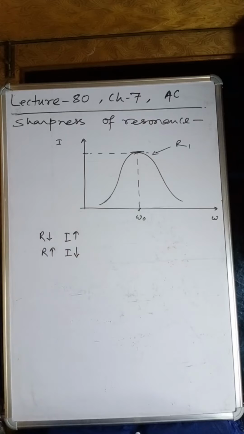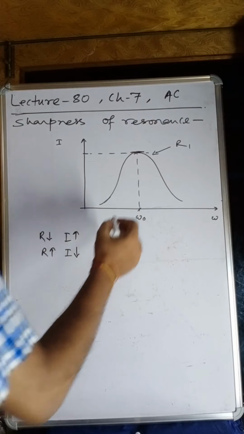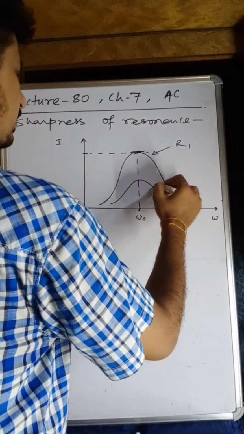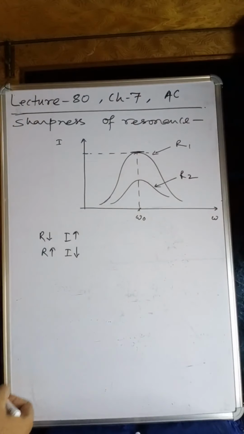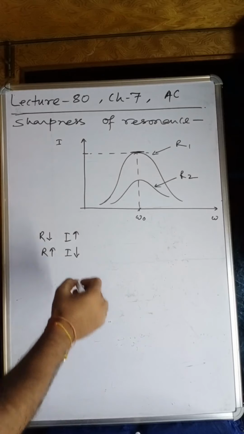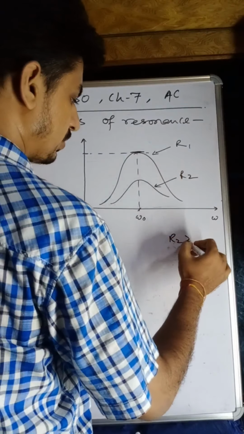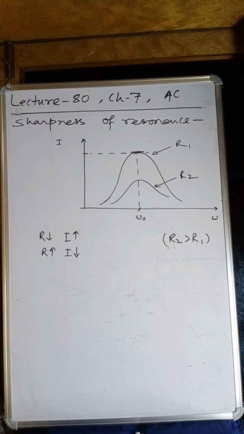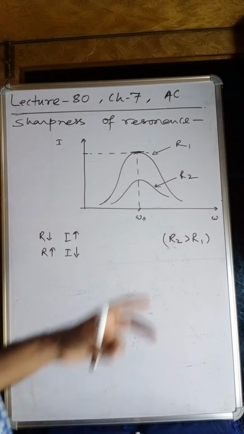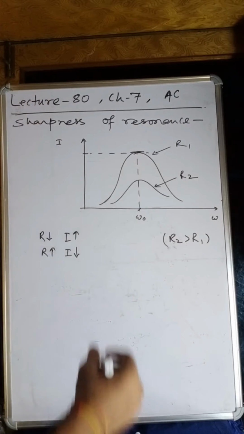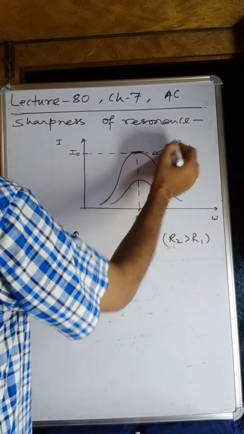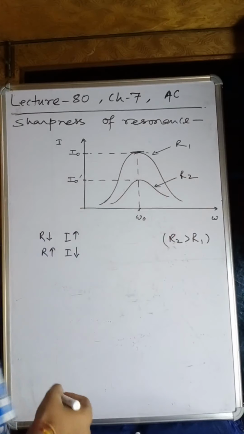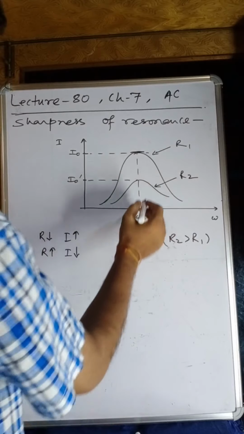It means for any other value of resistor, we will get a graph like this, and this will be R2, and R2 is greater than R1. Am I right? Yes. Here the peak value is I naught for R1 and the peak value is I naught dash for R2. Remember.